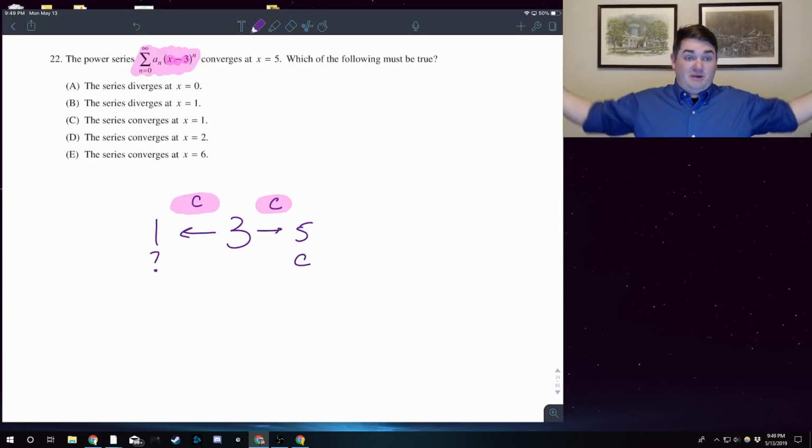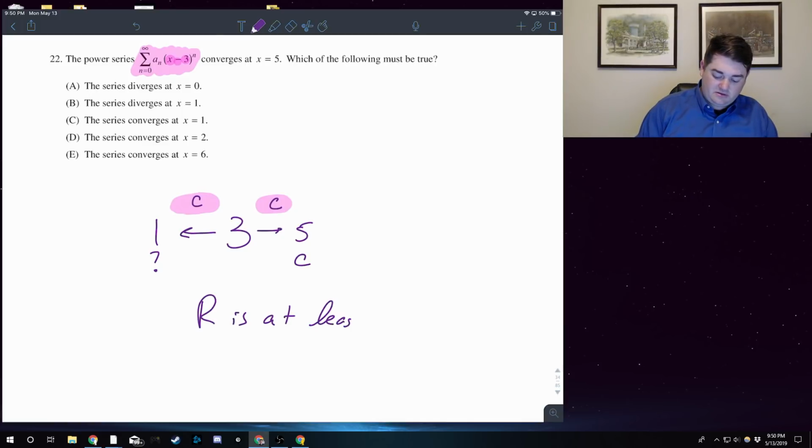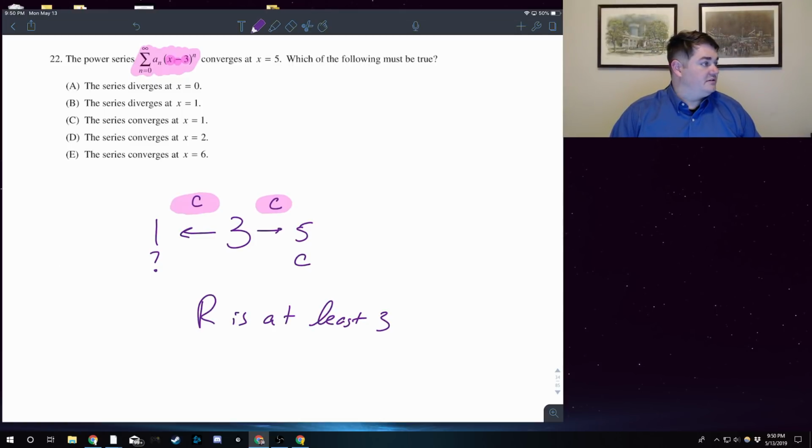I don't know. Maybe it goes even wider. B, the series diverges at 1. I don't know. Maybe it's an endpoint. C, the series converges at 1. I don't know. Maybe it's an endpoint. D, the series converges at 2. Yes. It definitely converges at 2 because the radius of convergence, R, is at least 2. So 2 falls in there. Yikes.